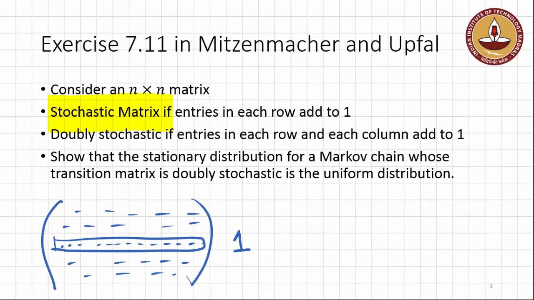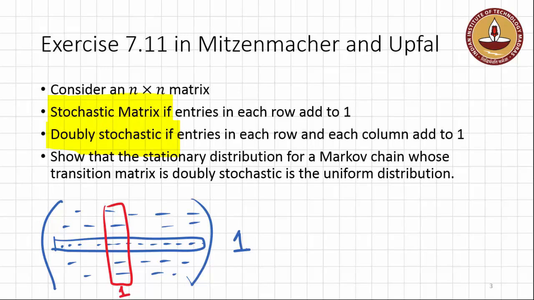Now, in addition to the rows adding up to 1, if each column were also to add up to 1, and this is true for all columns, then the matrix is called a doubly stochastic matrix.